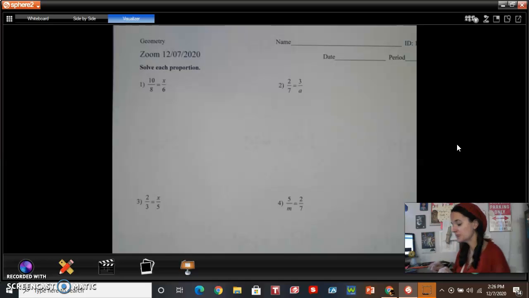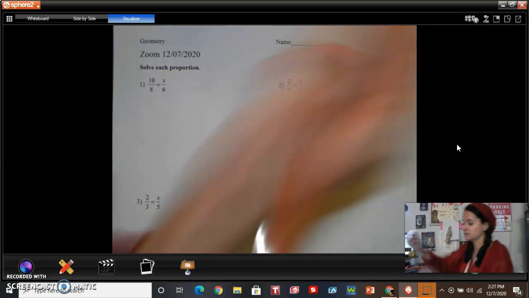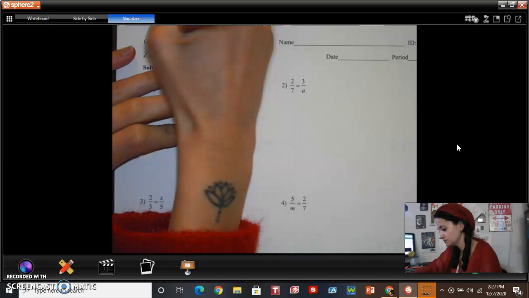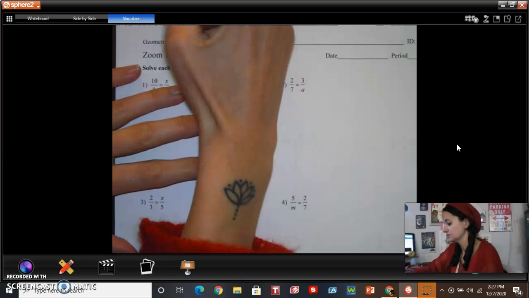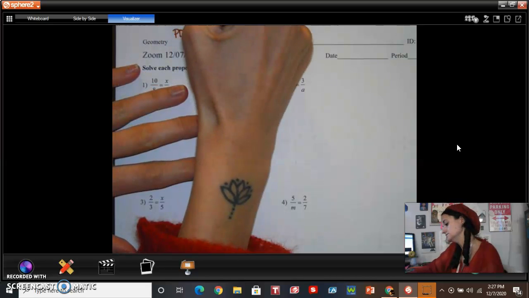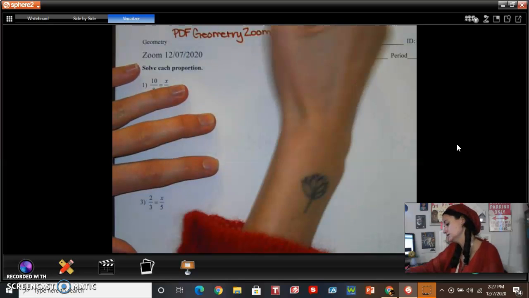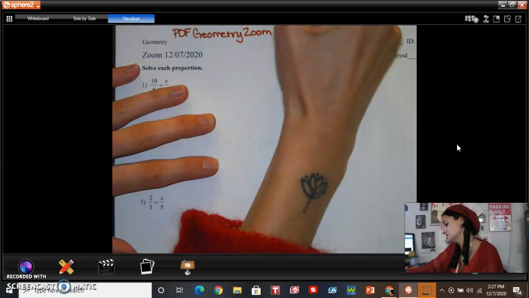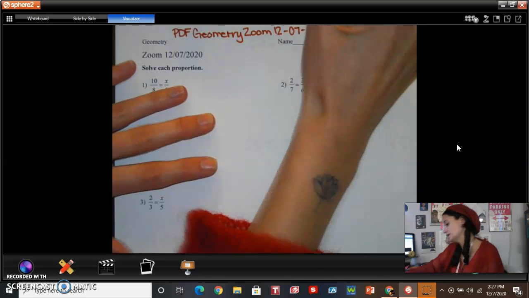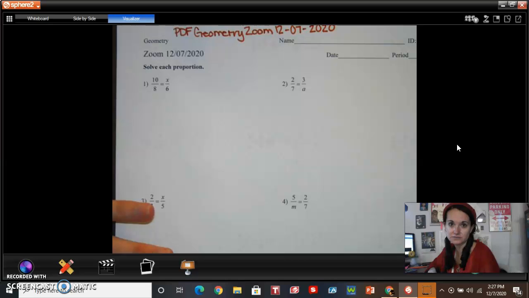Just to let you know that there will be a PDF, and its title is Geometry Zoom 12/07/2020. That is what I'm looking at right here, okay?